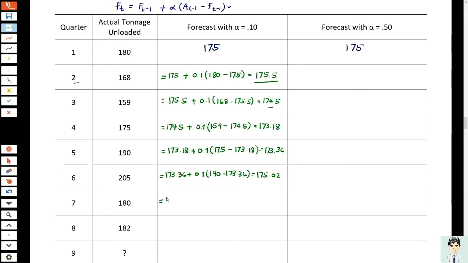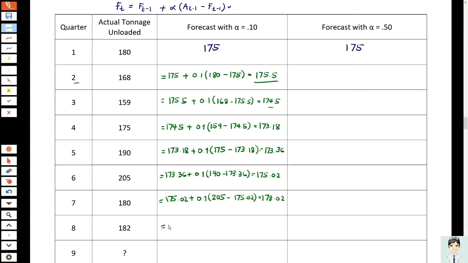For the seventh quarter, the previous forecast is 175.02 plus the smoothing constant. The actual tonnage unloaded is 205, minus 175.02. So our answer here is 178.02.